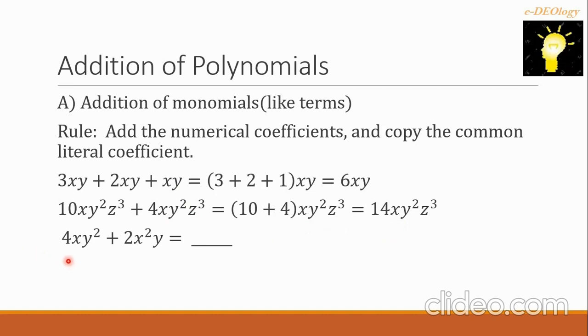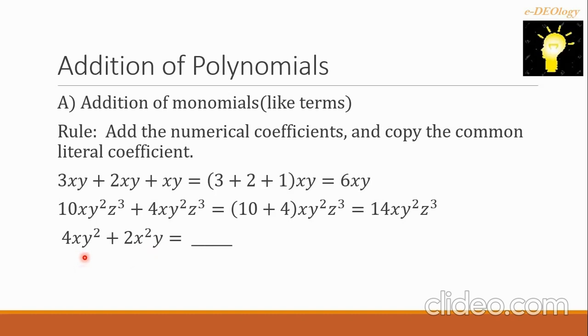Third example, 4xy square plus 2x square y. Looking at the literal coefficients, it seems there is a problem here. In here, x, y are there, but compared with the second literal coefficients they are not the same. Here is x with exponent 1. Here there is an x with exponent 2.